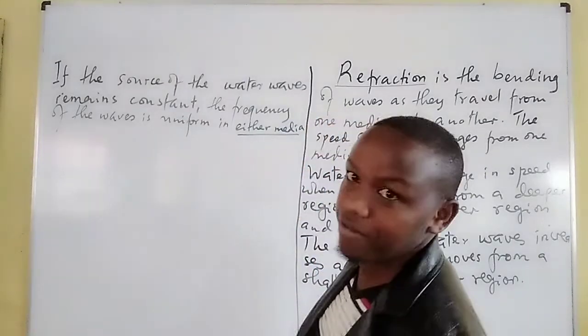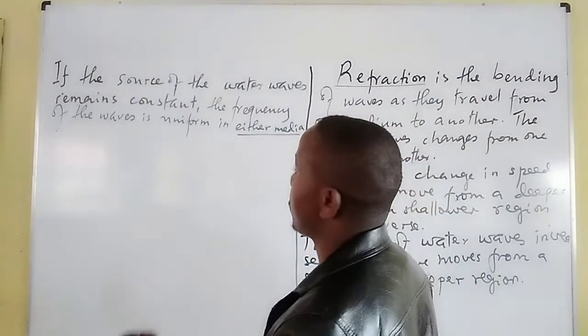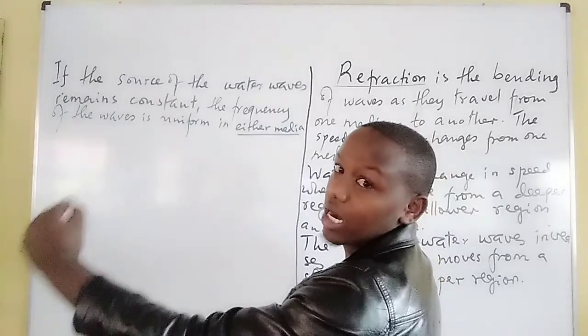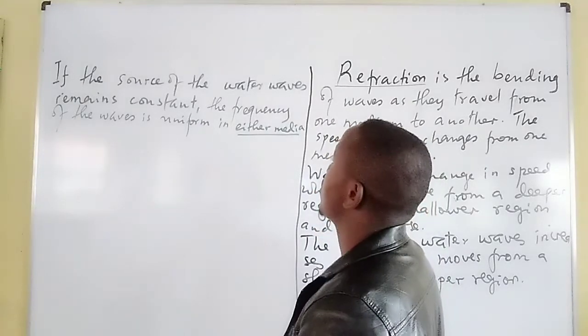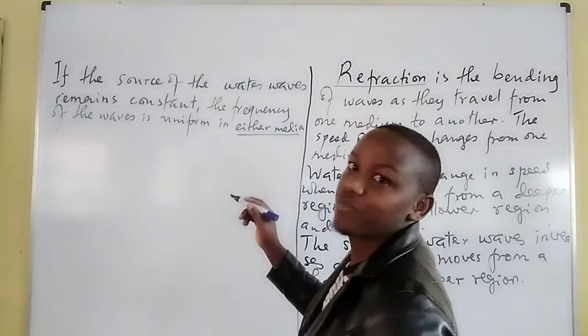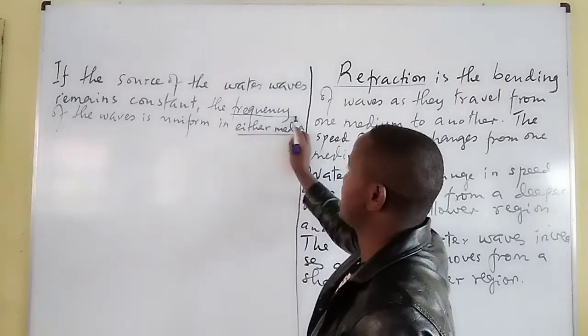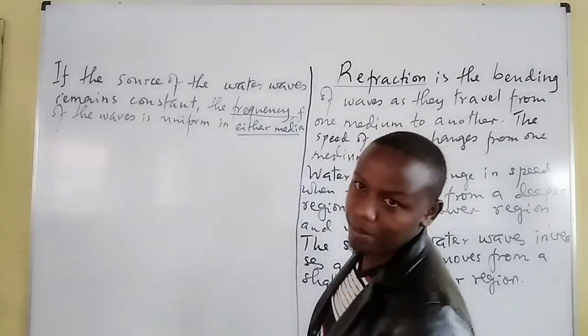So if we have water waves moving from a deep region to a shallow region, or from a shallow one to a deep one, and the production of the waves is the same, then in both media the frequency f remains a constant.